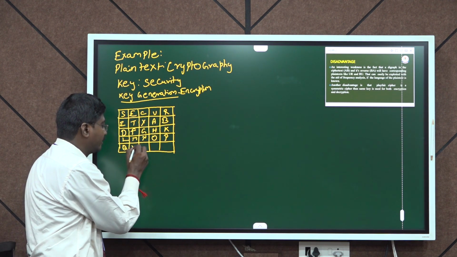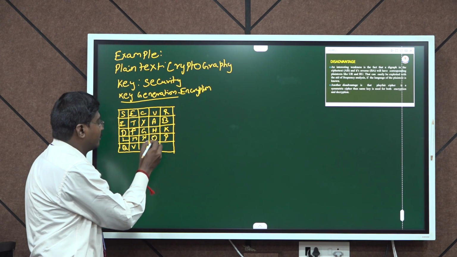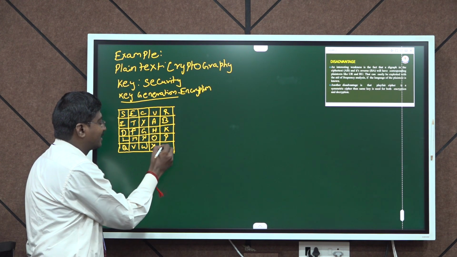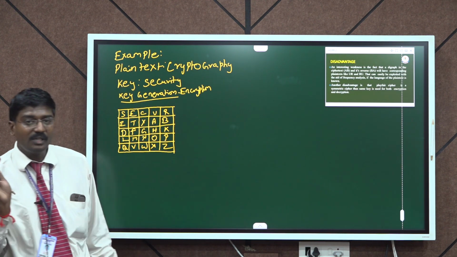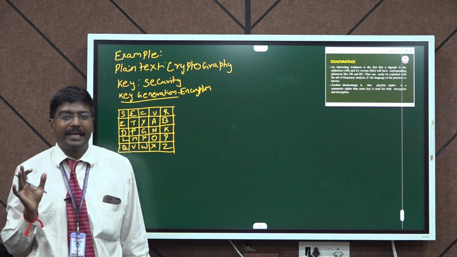U, V, W, X, Y is already present, Z. And this is the key matrix.